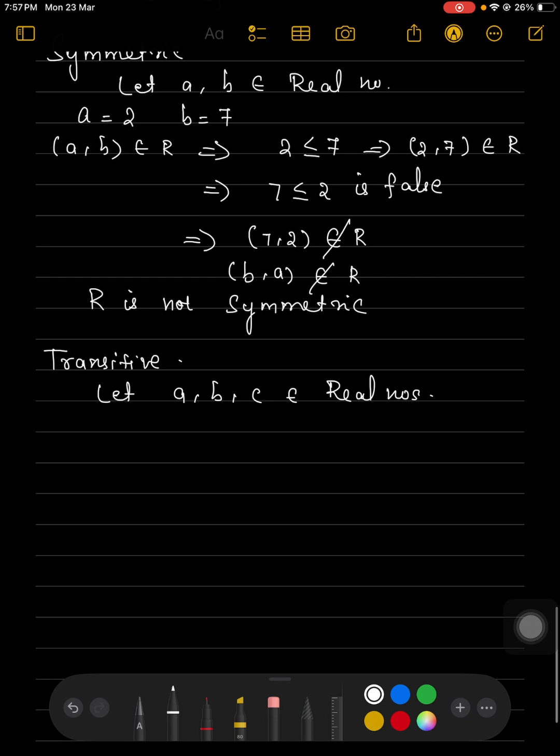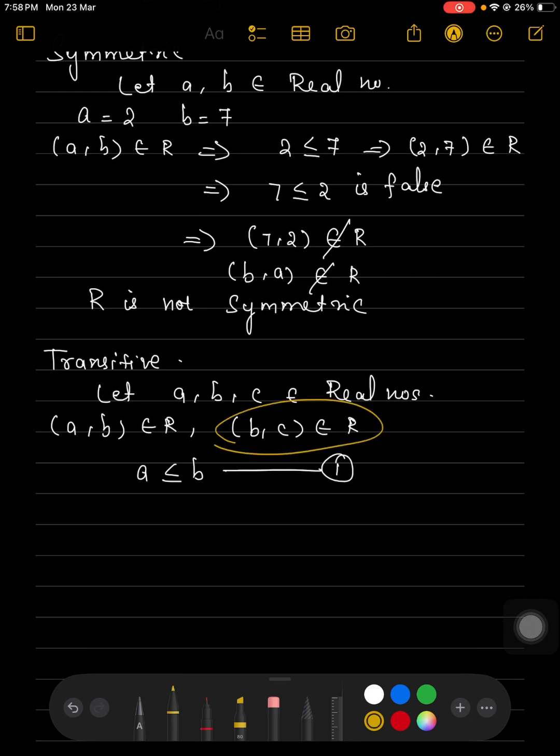It has satisfied the condition that is mentioned in the relation. What is the condition? That is, A is less than or equal to B is true. Also, (B, C) is in relation. So what is meant by that? B is also less than or equal to C. This is the second inequality.